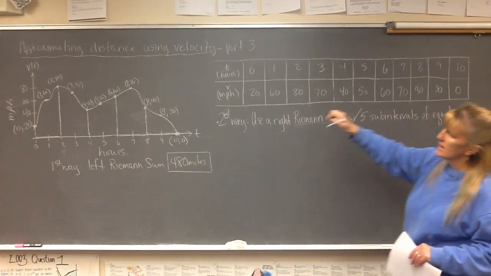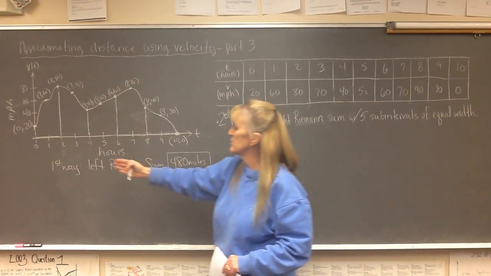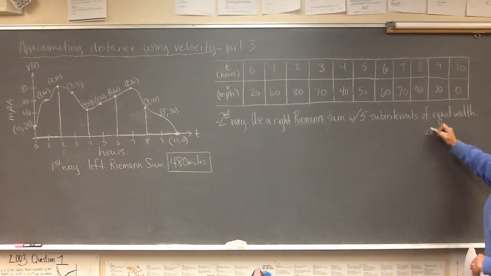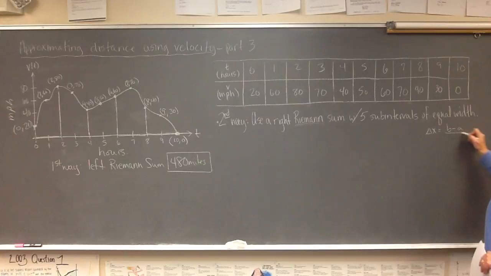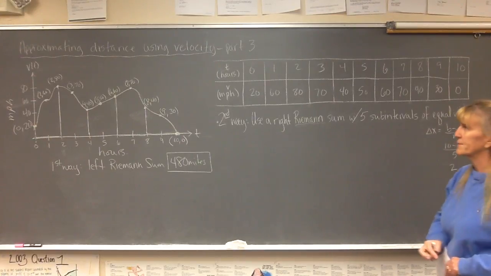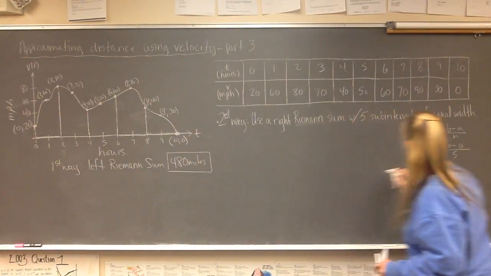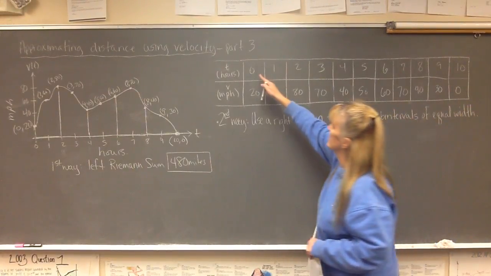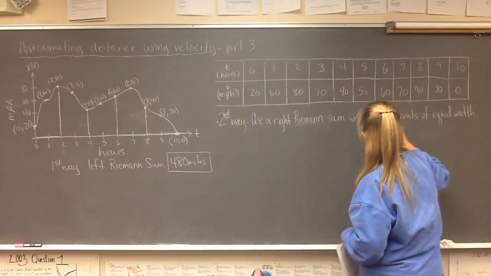Again, our x-axis or our t-axis is going from 0 to 10. So our delta x or delta t in this case is going to equal b minus a over n, which is 10 minus 0 divided by 5 subintervals, which means each subinterval is going to be 2 hours long. So we are going to chunk up between 0 and 10 into 5 subintervals.